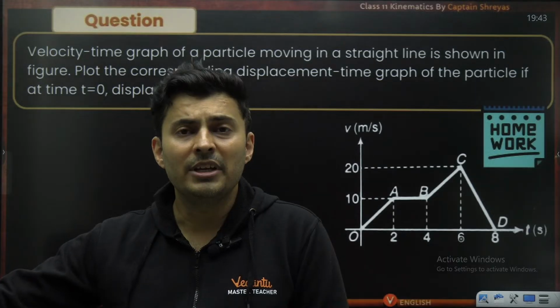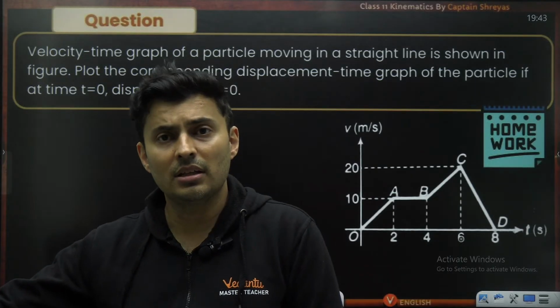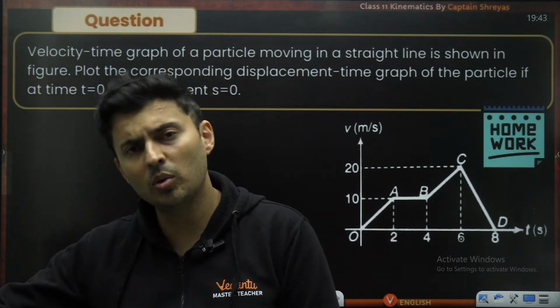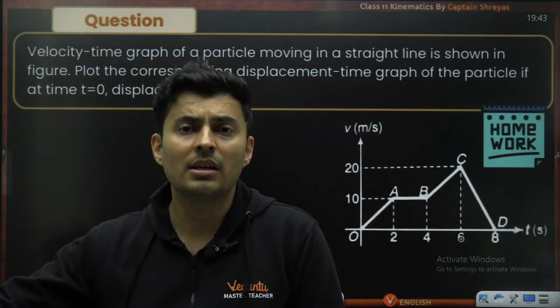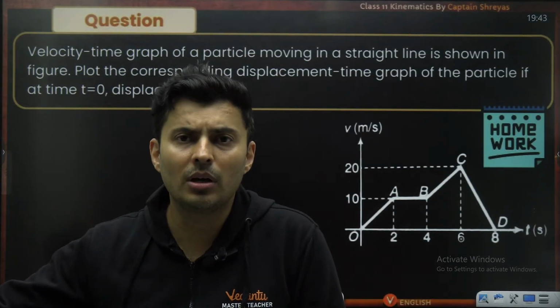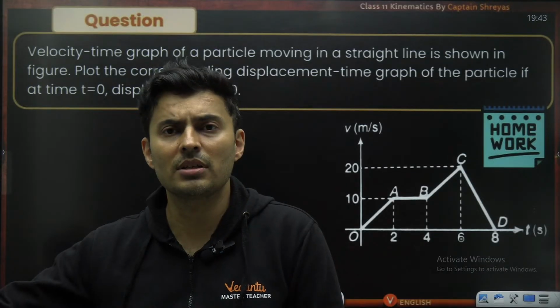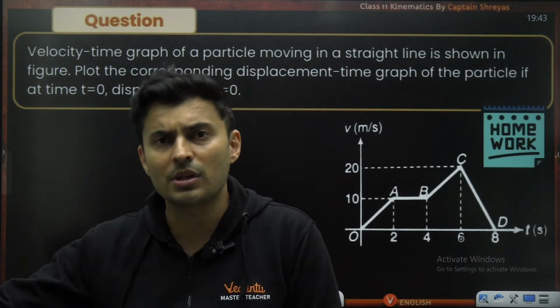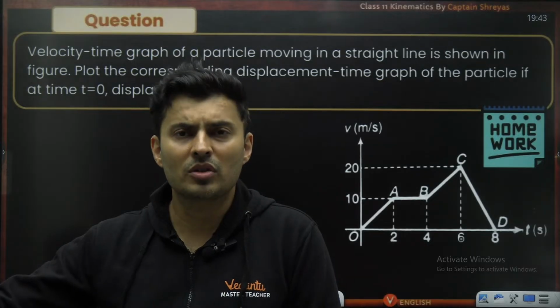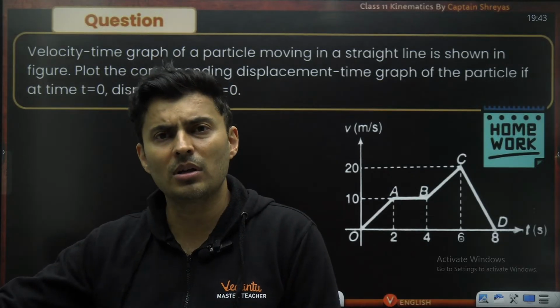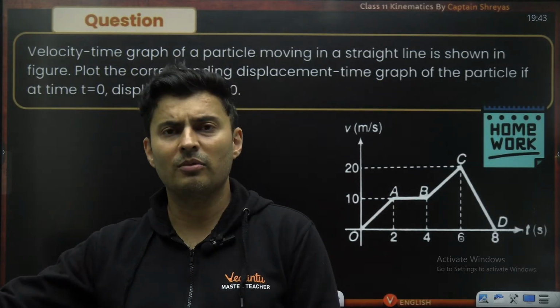Second thing, please solve the questions which are done in the classroom again at home. Redo the same thing. Number three, solve very easy questions which are direct substitution based. And then when you solve those questions, try out that formula in different ways.